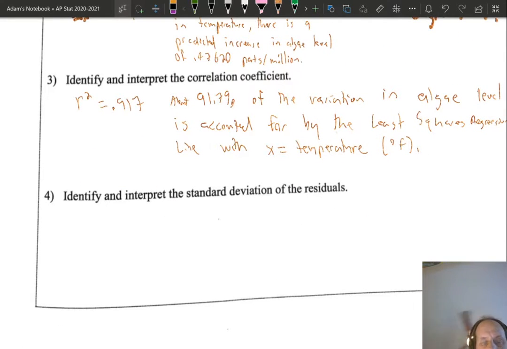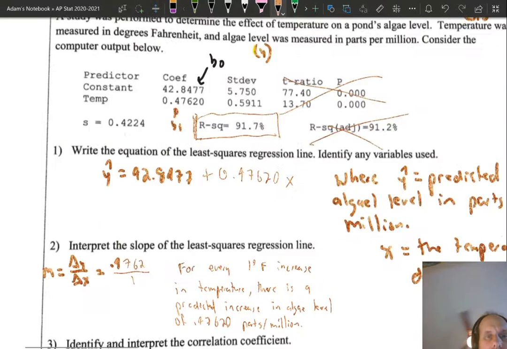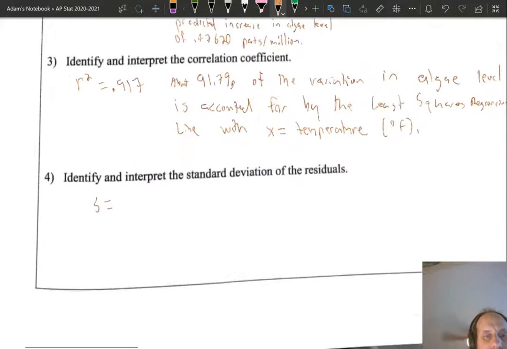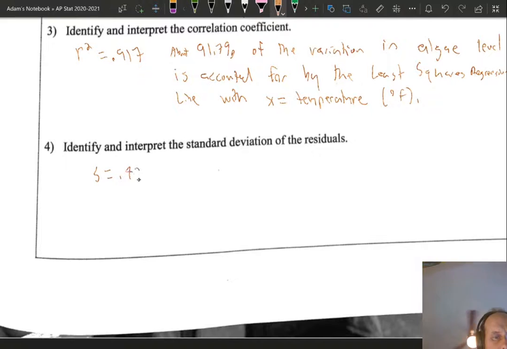Identify and interpret the standard deviation of the residuals. Right here, that is S. So we go right back up here to S, and there it is, 0.4224. Okay, so what is a residual? Remember, a residual is the actual minus predicted.